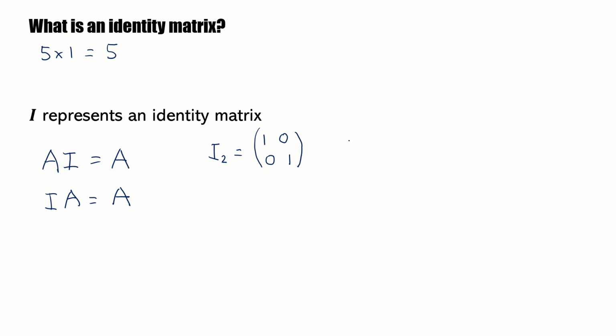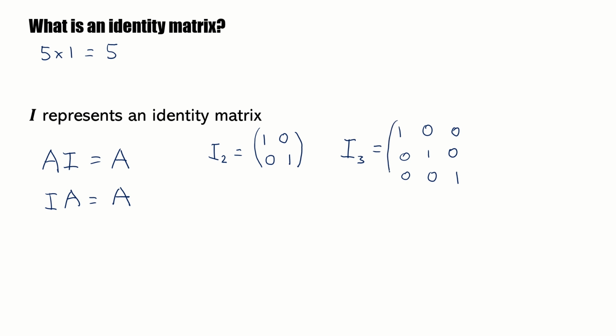If you're looking at the 3 by 3 identity matrix, that would be represented by capital I subscript 3, and then that is again 1s in the main diagonal from the top left to the bottom right, and then all of the others are zeros.